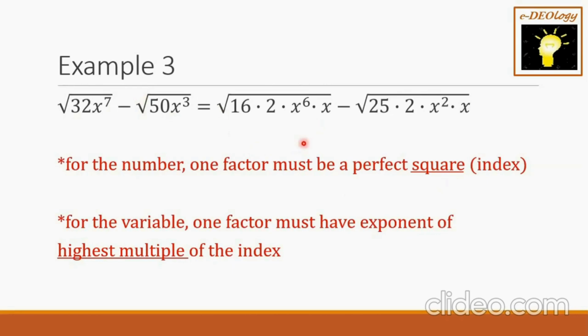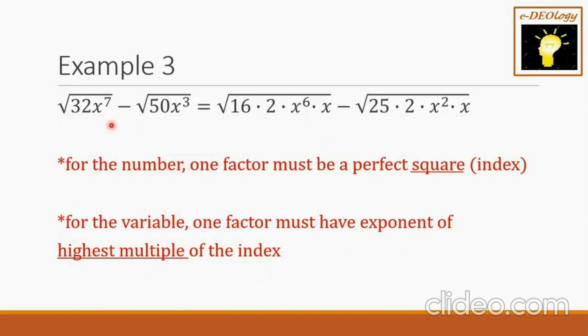In the first radical, the number 32 is factored into 16 and 2. For the variable x raised to 7, there is a clue here on how to factor out that variable. It says one factor must have an exponent that is the highest multiple of the index. Our index is 2.